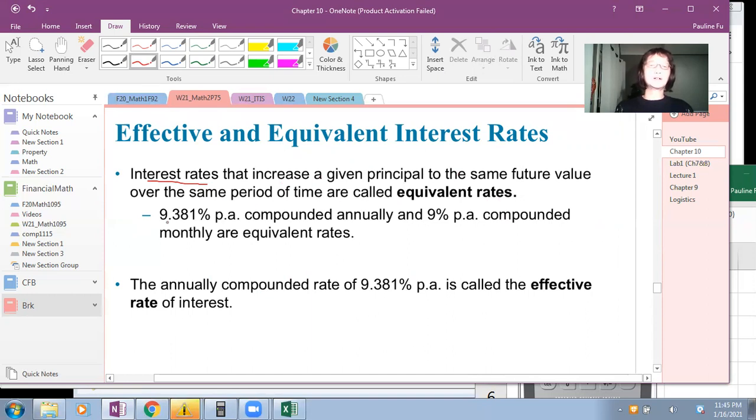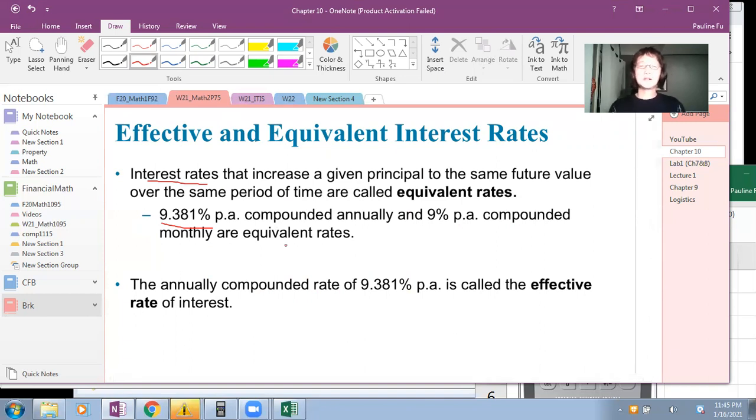For example, 9.381% per annum compounded annually and 9% per annum compounded monthly. Those are equivalent rates. Why?